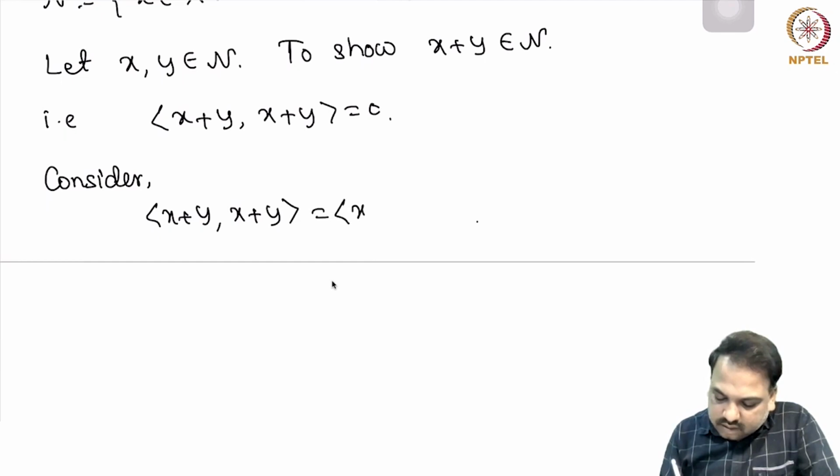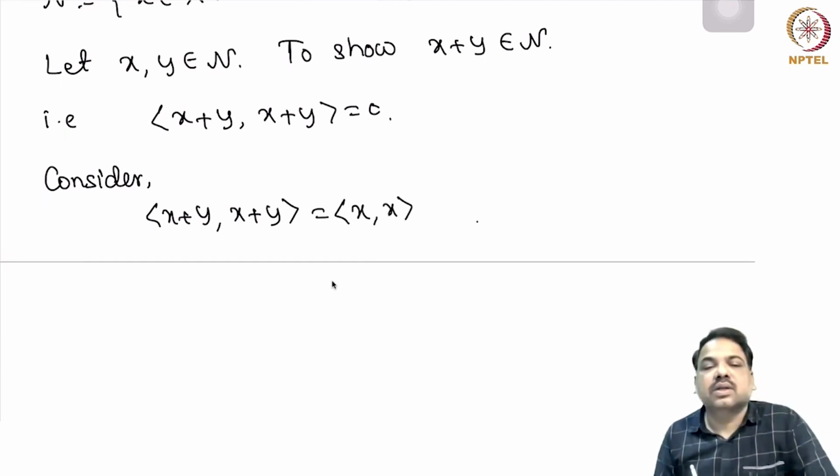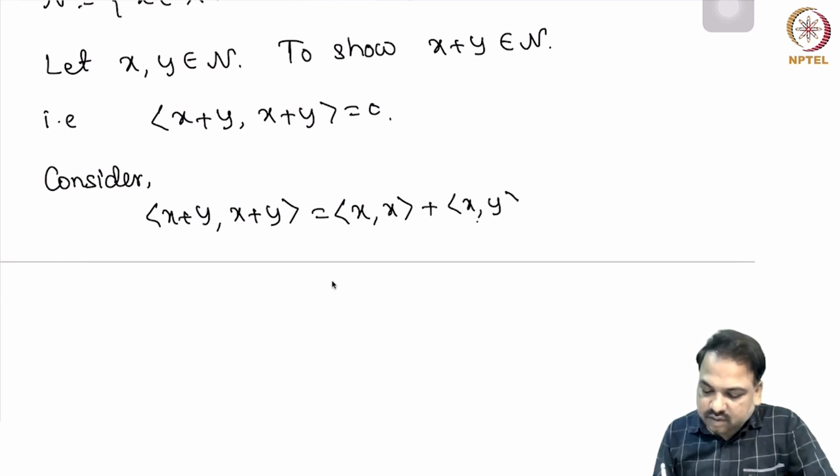This is the semi-inner product of x with itself plus the semi-inner product of x with y plus the semi-inner product of y with x plus the semi-inner product of y with y.